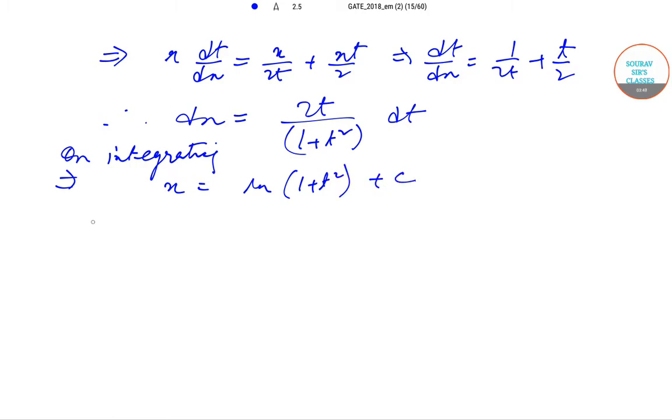Now we know that t squared is equal to y square by x square. So we can write x equal to ln of 1 plus y square by x square plus c.